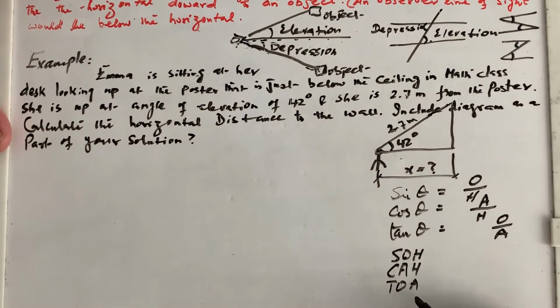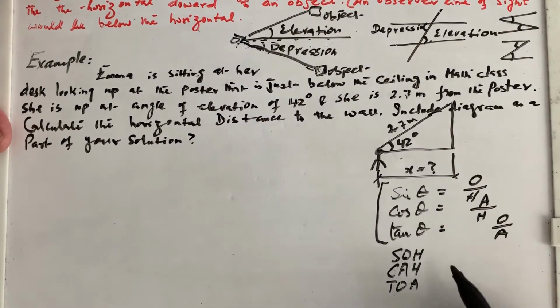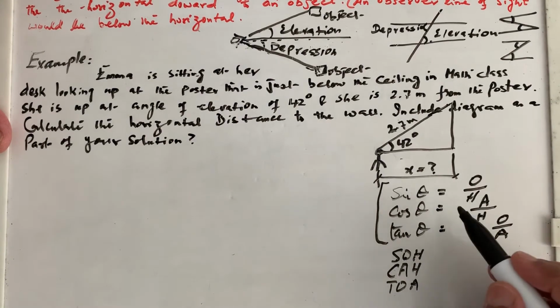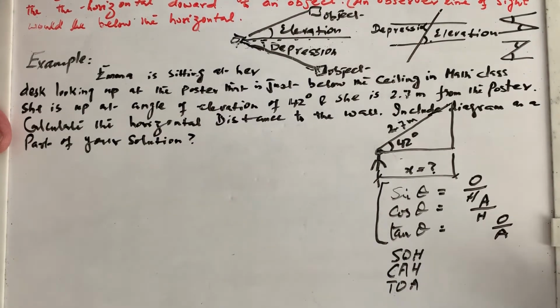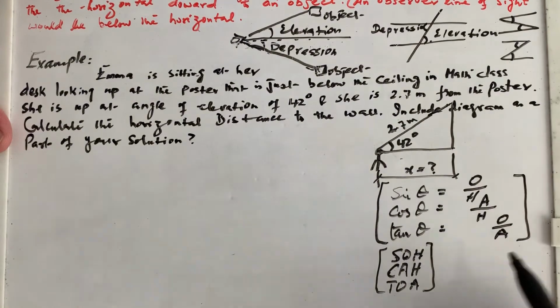This is just a hint for how you can remember them, but a student can remember them whichever way works for them. This is one of the things that comes up for the ease of the student. So S for sine, opposite over hypotenuse, C for cosine, adjacent over hypotenuse, T for tangent, opposite over adjacent. This is how we remember these trigonometric ratios in a right angle triangle.